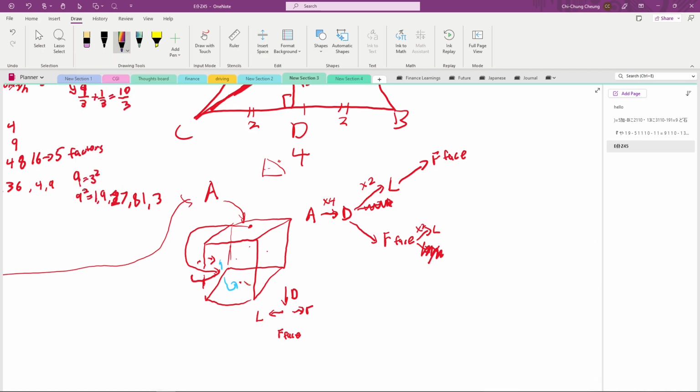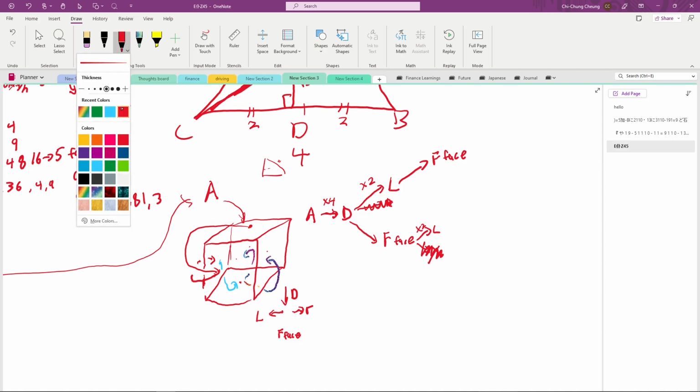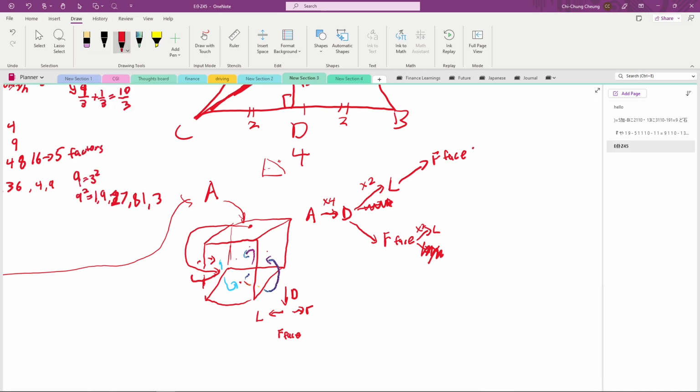You can go to here and then do the other face, or you can go to here and go to the other face. So here you're gonna have two options.